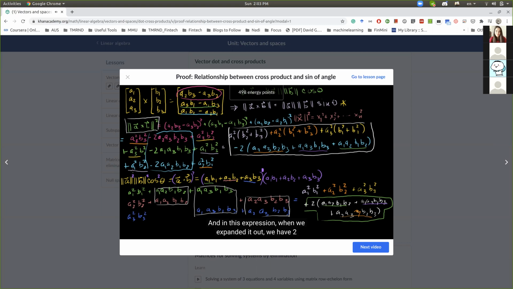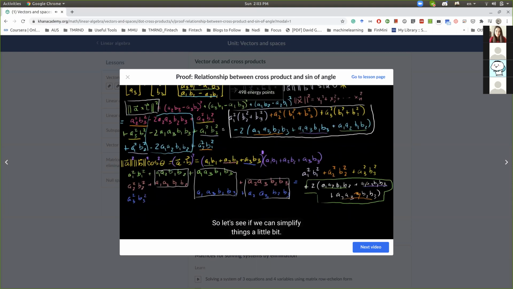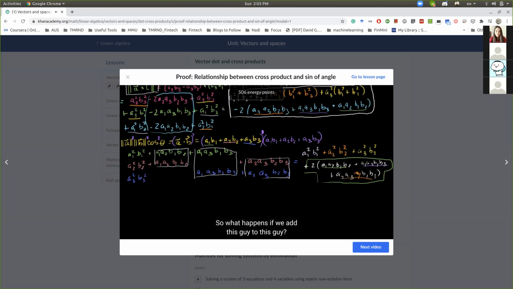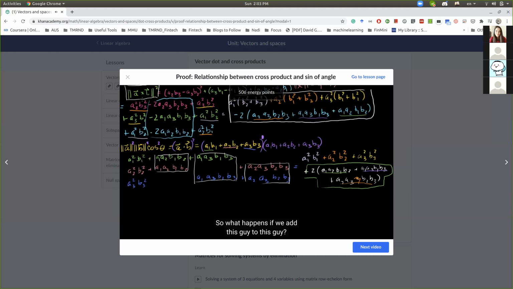And in this expression, when we expanded it out, we have positive 2 times this. And in this term right here, when we expanded it out, we have minus 2 times this. So let's see if we can simplify things a little bit. What happens if we add this to this? Let's do it. It's a little exciting.